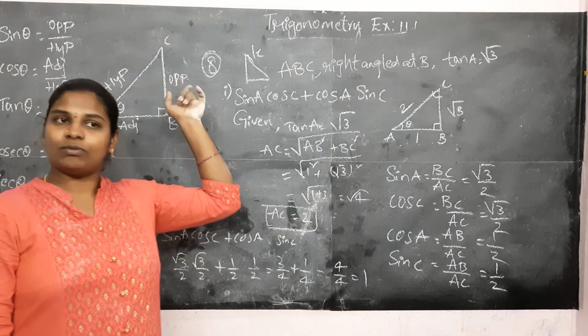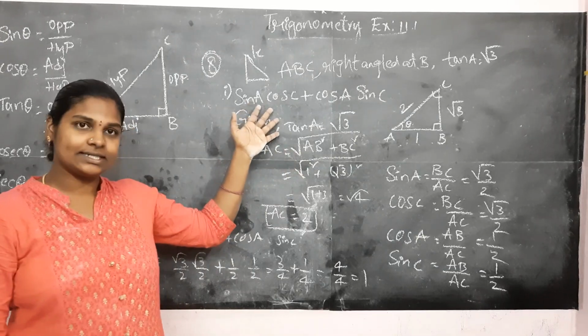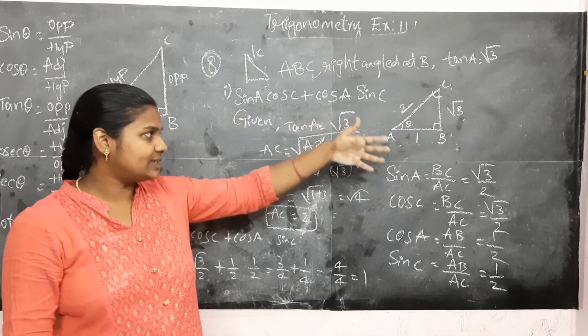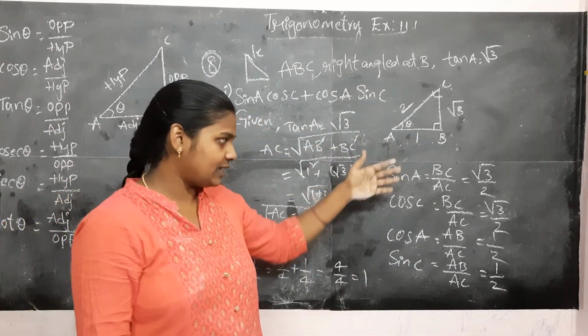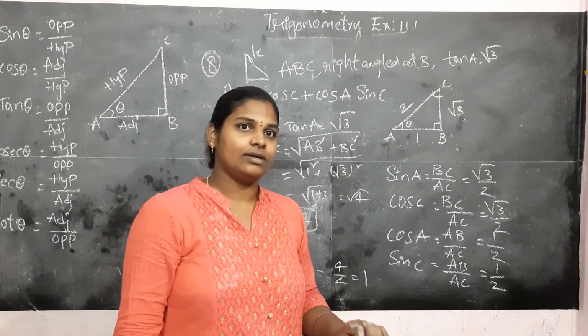Okay, this is problem number 8, first problem. The second problem is the same as this, it's just a subtraction part. It's the same way. Now we have evaluated sin A cos C. You can evaluate that as well and simplify it by yourself.